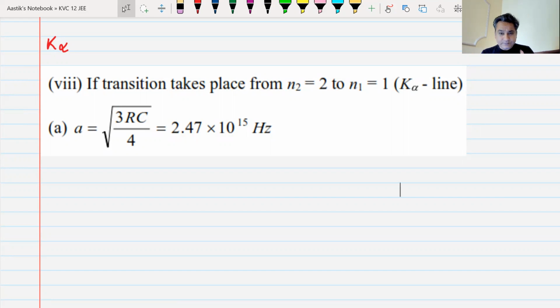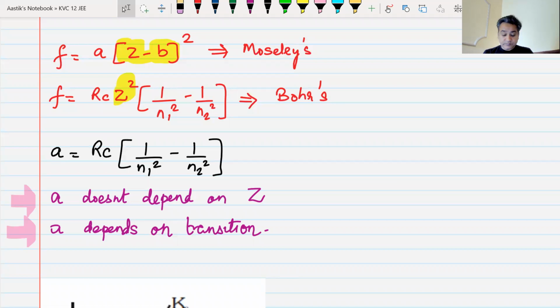R into C, root over 1 by n2 square minus 1 by n1 square. If you write it in terms of frequency, this is A. If you write it in terms of root over frequency, it is root over this thing. Do we understand this?